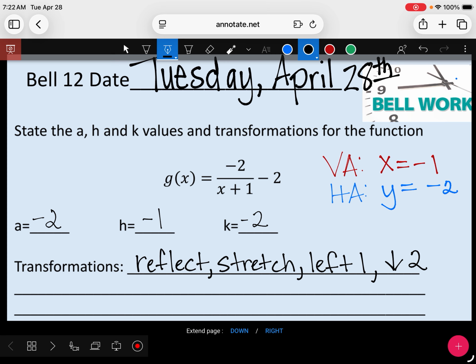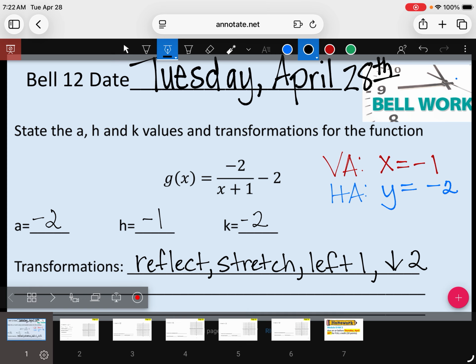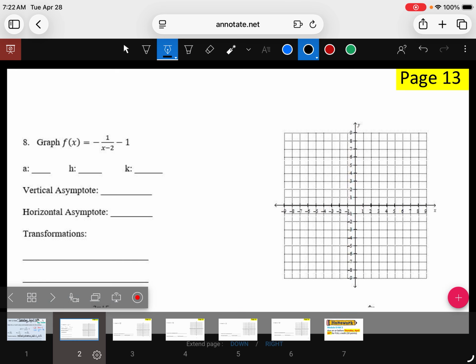Okay. So let's finish out our graphing. We got 5 questions. Go to page 13. Let's go. We got 5 questions. That's it. Get some color pencils for your asymptotes.